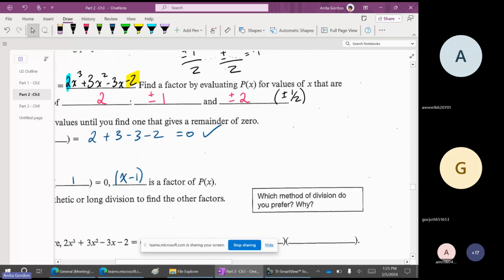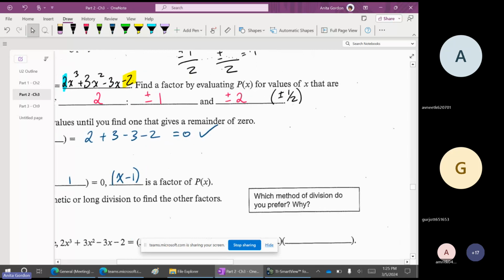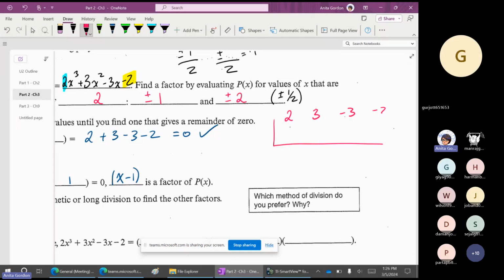If x minus 1 is a factor, what is the quotient? So let's use synthetic division because it's a little bit quicker. Look at my coefficients, 2, 3, -3, -2, and I know the root is 1. I drop the first number.